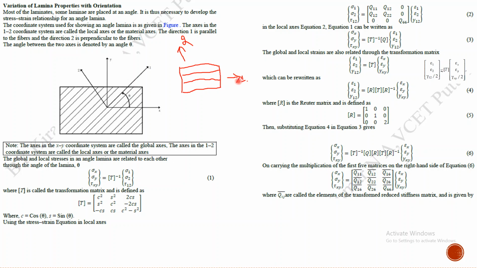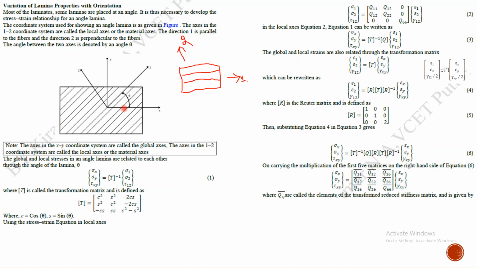That is, 1-2 is the local coordinate system, where 1 is purely parallel to the direction of the fibers. But this is not true in practical cases. In practical cases, the fibers are oriented in different directions. This is an example of that.